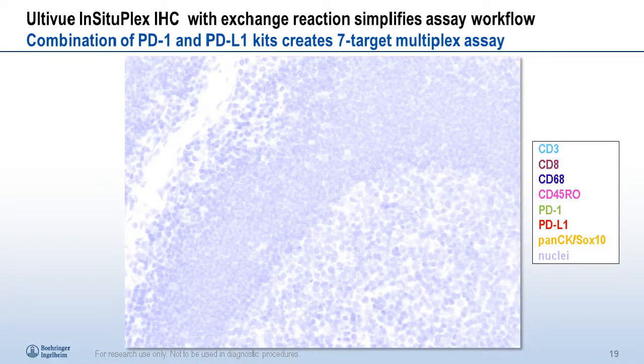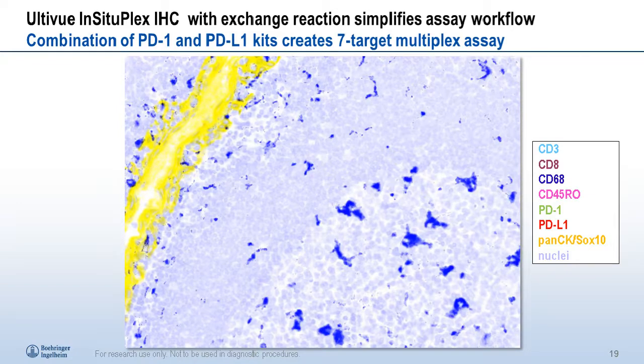And so I'll just give you an example of what this looks like in some human tonsil tissue. In this tonsil tissue, we'll start off with pancytokeratin. This is where there were actually 2 antibodies, 1 in each kit, and I've layered them together. And so you can see this really nice yellow signal for the epithelium in the tonsil. Next up, we'll look at CD68 to detect phagocytes within the tonsil, which you can see in dark blue.